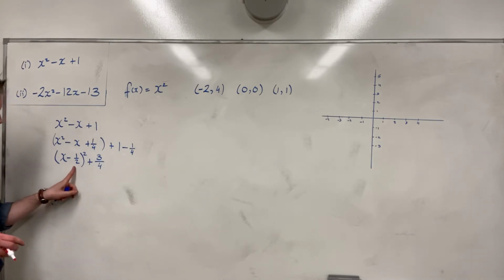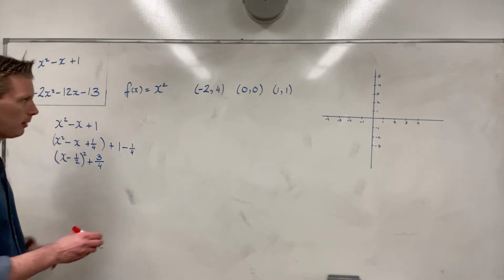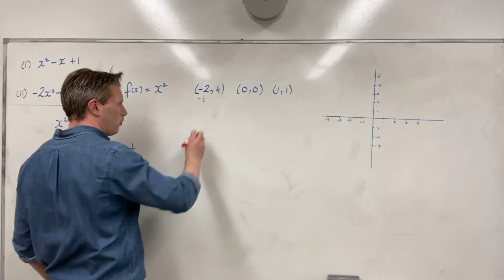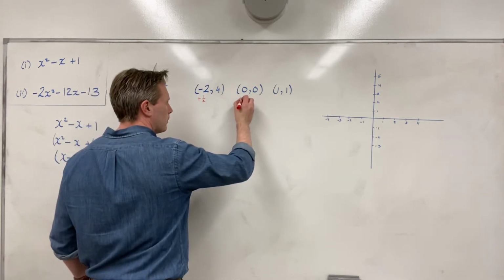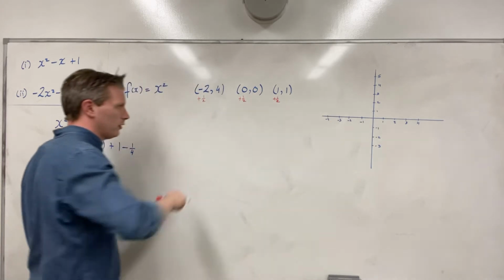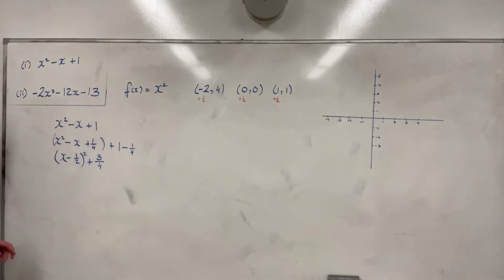This is the only effect on the x values. And so my x values will increase by 1/2 on my new function. This minus 1/2 will have no effect on my y values. This is a translation only in the horizontal, and so it will only affect the x values.